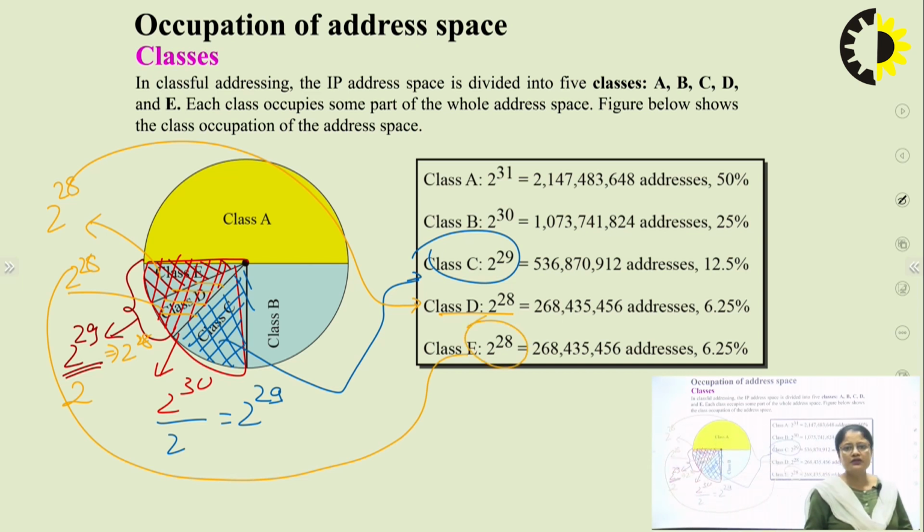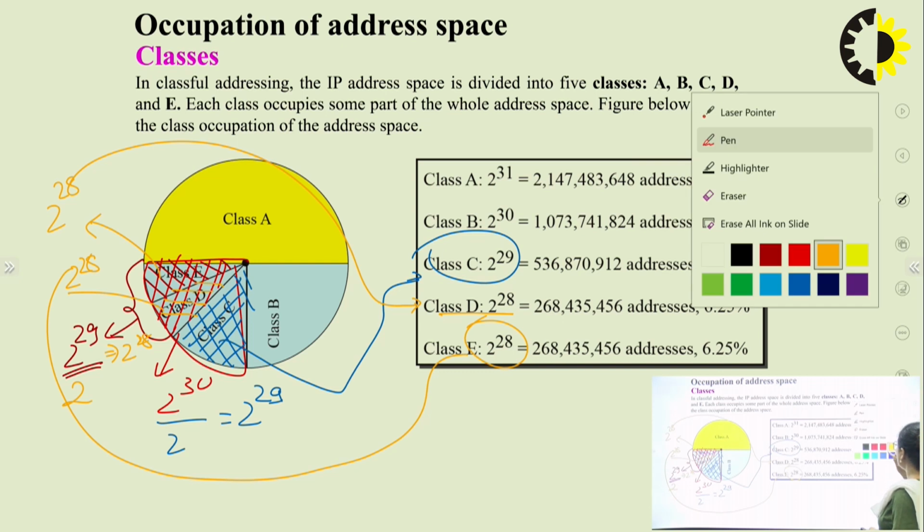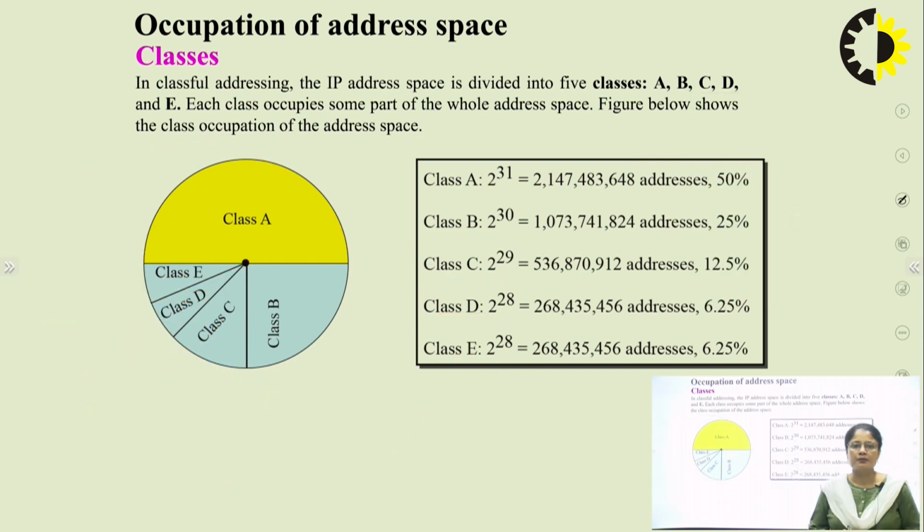So this is how the division is done when you are talking about classful addressing in IPv4.